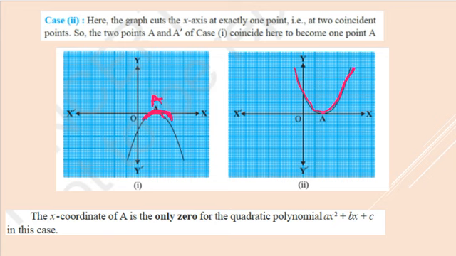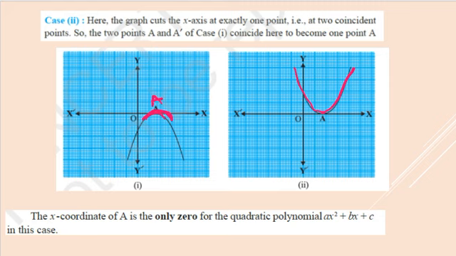So without any confusion you can say it has one zero. You see, here the graph cuts the x-axis at exactly one point, that is at two coincident points. So the two points A and A dash of case 1 coincide here to become one point.